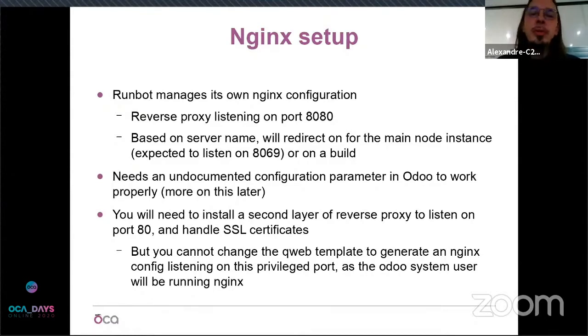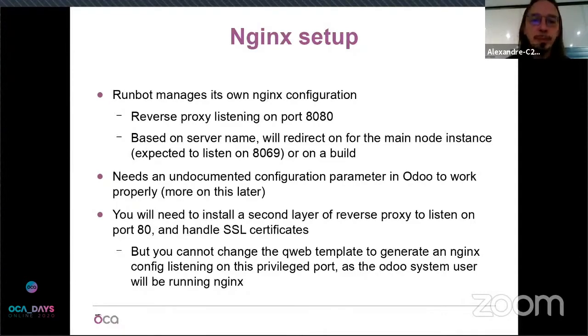What you should not do is try to change the QWeb template to directly reverse proxy listening on port 80, because this is a privileged port and you need to be root to listen on that port. If you want to do this, you need to also hack the way the Runbot starts the Nginx, and that's not the nicest way.